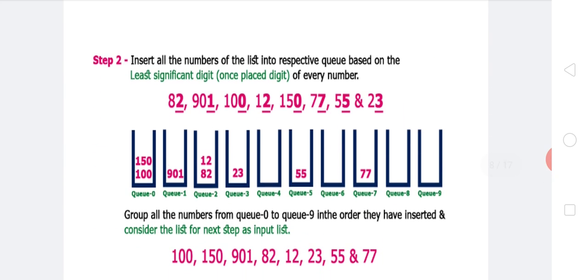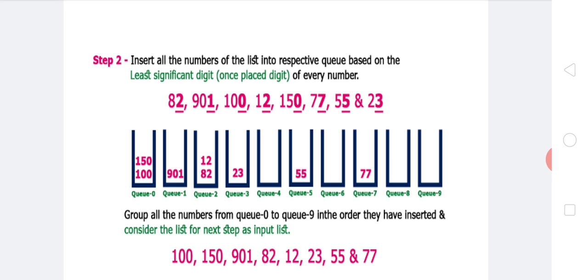In step number 2, insert the numbers of the list into the respective queue based on the least significant digit of every number. First mark the least significant digit. In 82, 2 is the least significant digit.